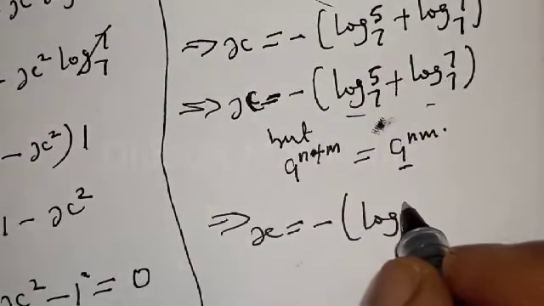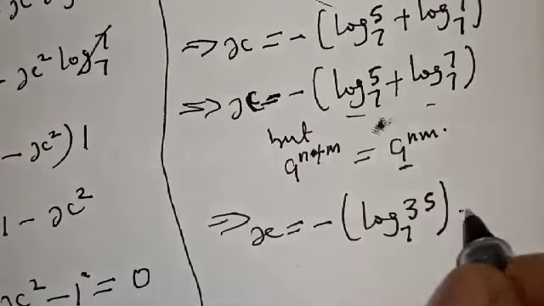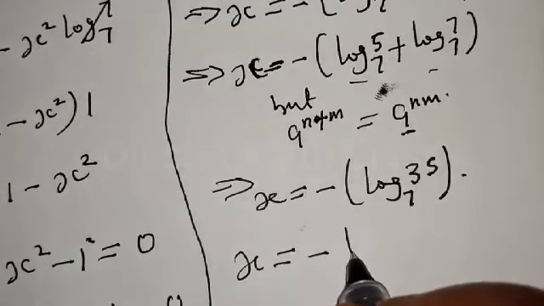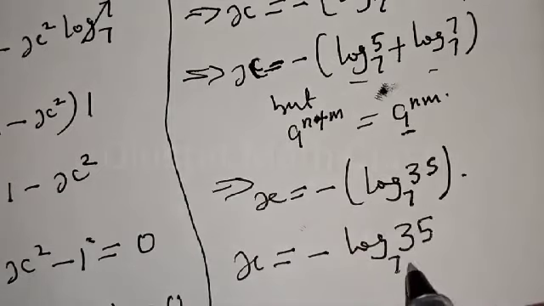That is 35 base 7. Therefore, our final answer is x is equal to minus log 35 base 7.